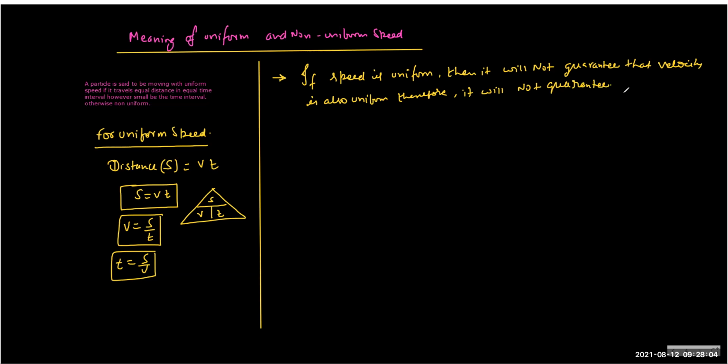So then it will not guarantee that the velocity is also uniform. Therefore, it will not guarantee that acceleration is zero. These are what are called MCQ problems, showing how strong you are theoretically. Can you answer these questions with ease?